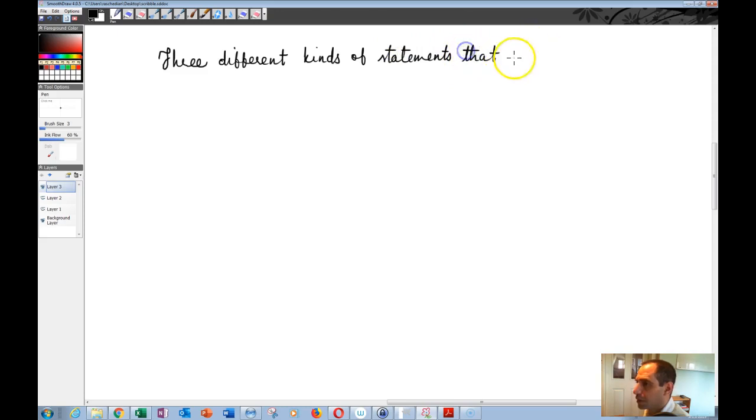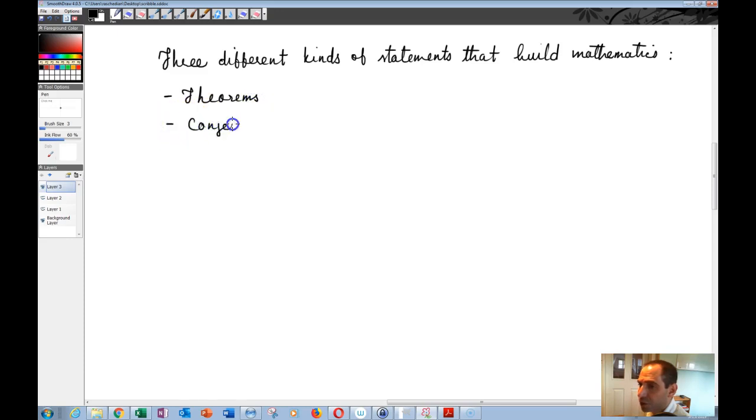These three are theorems, conjectures, and axioms.